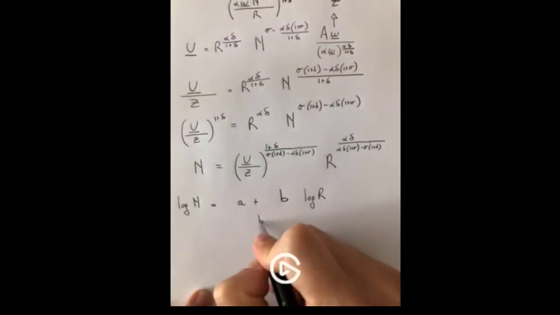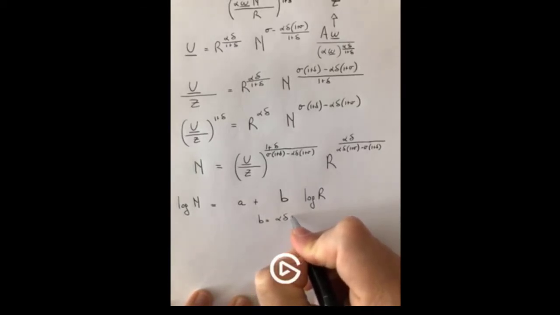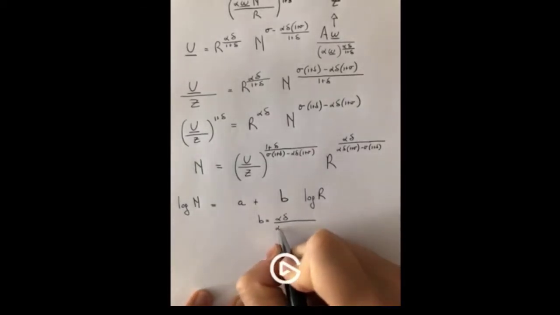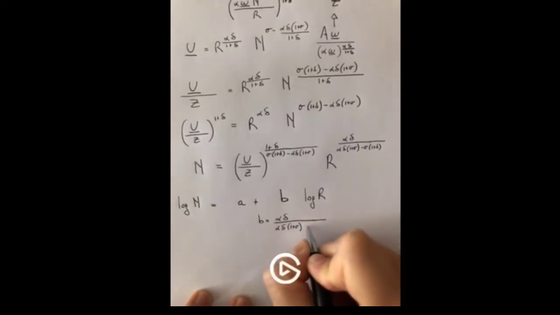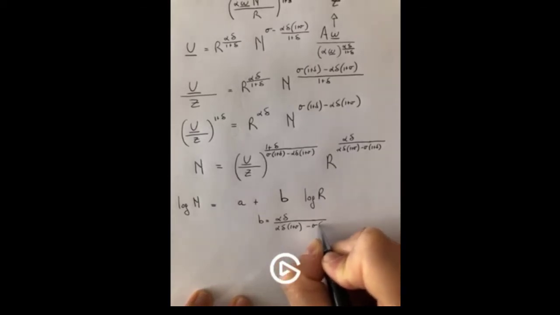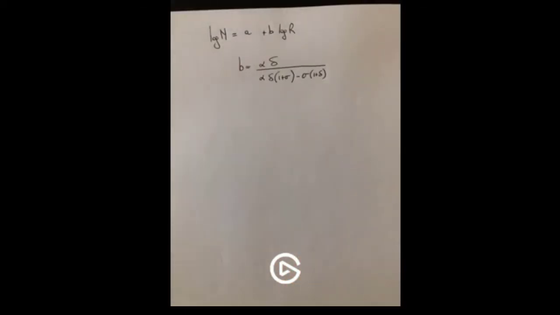Okay, b is equal to alpha delta divided by alpha delta times (1 plus sigma) minus sigma times (1 plus delta).